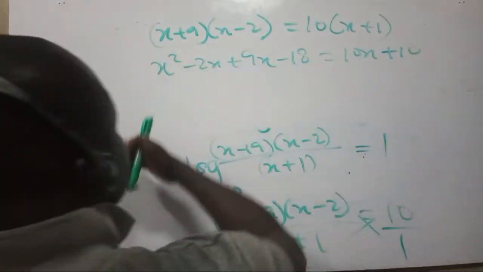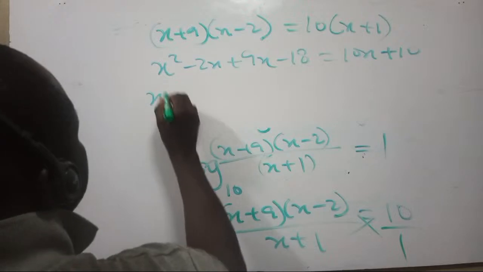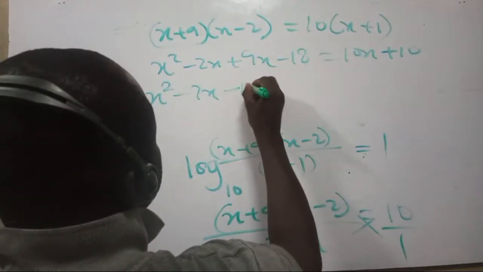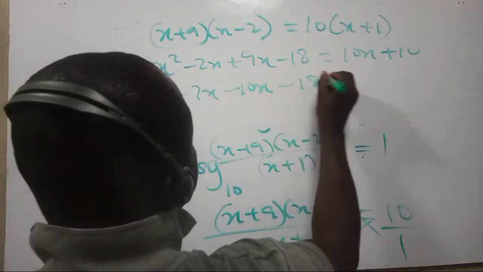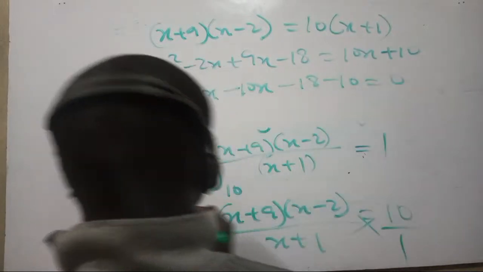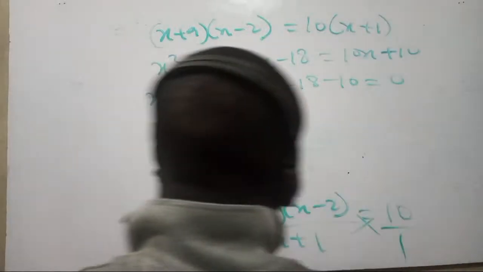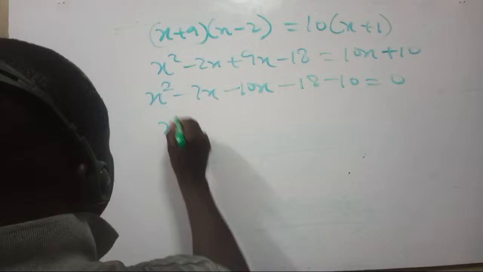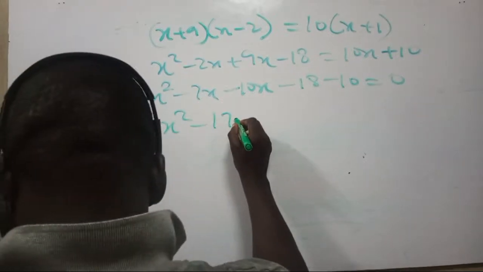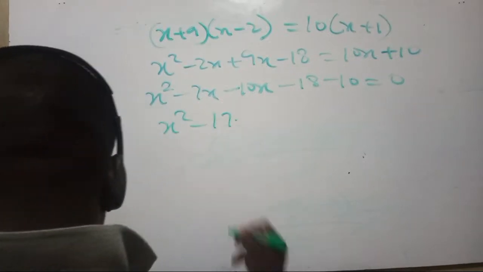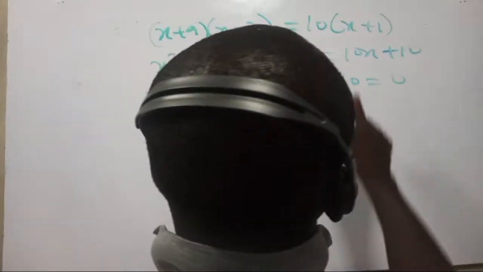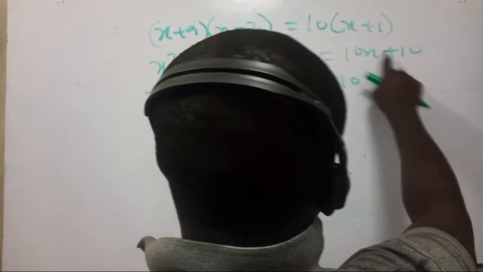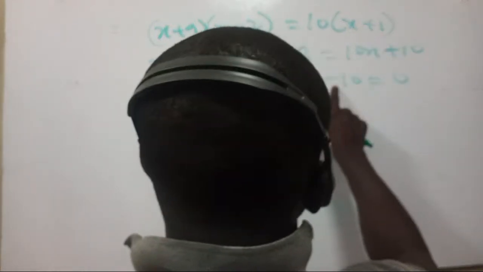So I want to bring everything to one side so that I will have x squared. Initially, we have this to be 10x here, and on getting to this place, it is minus.